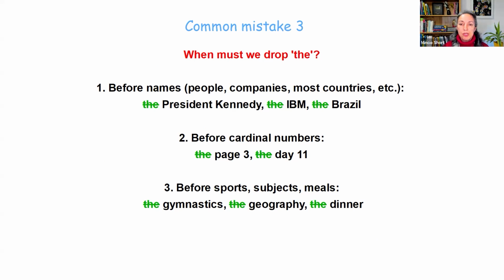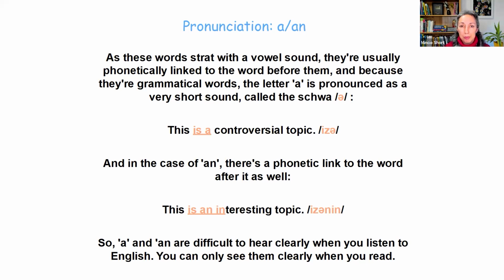Before we end, I just want to talk a little bit about pronunciation. Starting with the pronunciation of a and an. As these words start with a vowel sound, they're usually phonetically linked to the word before them. And also, because they're grammatical words, the letter A in these words is pronounced as a very short sound called the schwa.